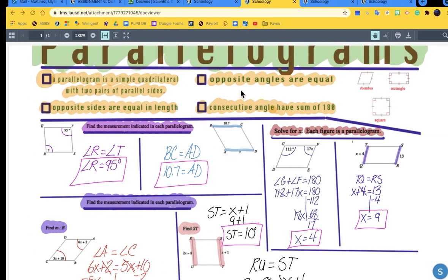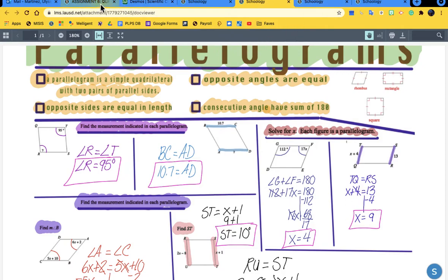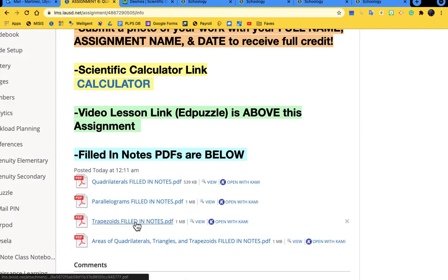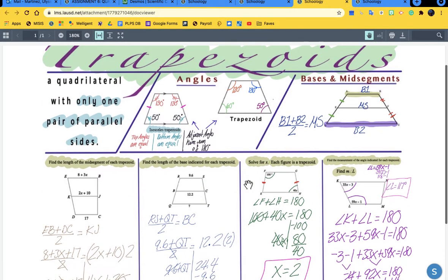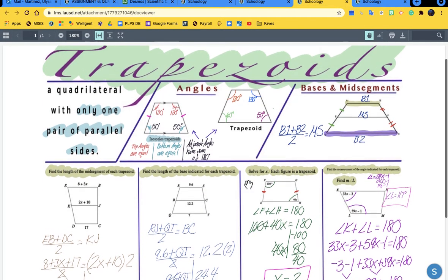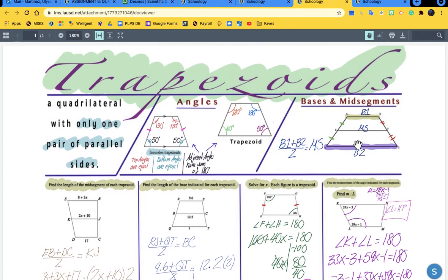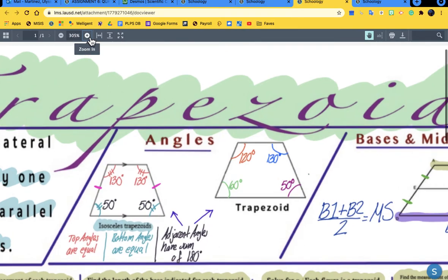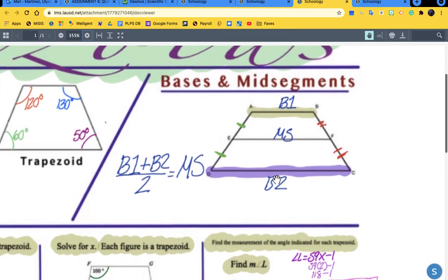So let's go back and use my trapezoid notes, which I already opened right here. Let's see what it says with the trapezoid notes. Bases, we're dealing with a base here, right? So base 1 plus base 2 divided by 2 is equal to the mid-segment.